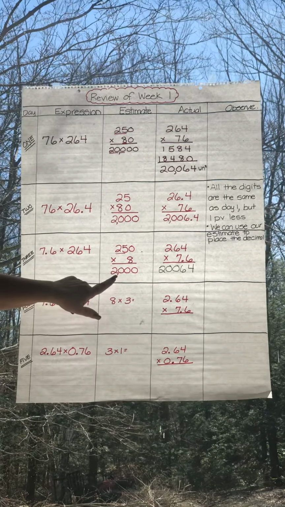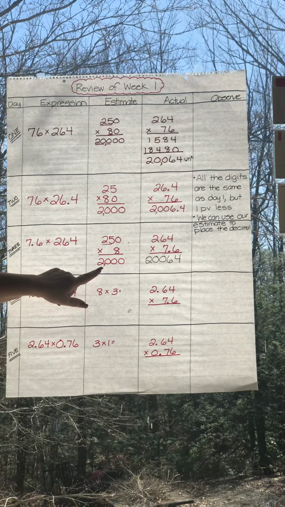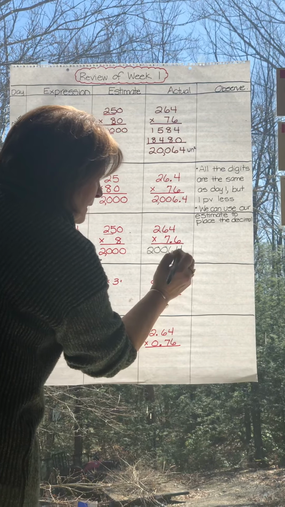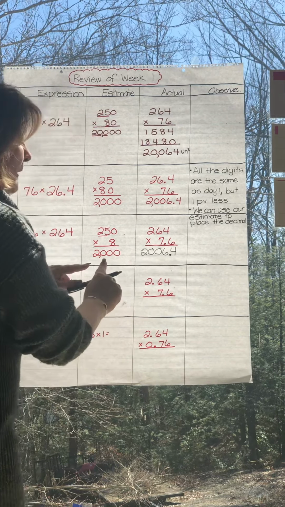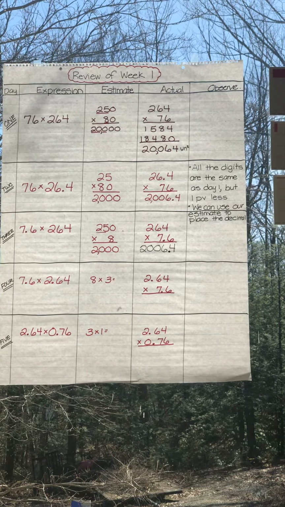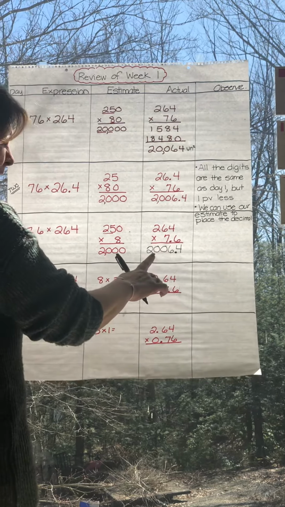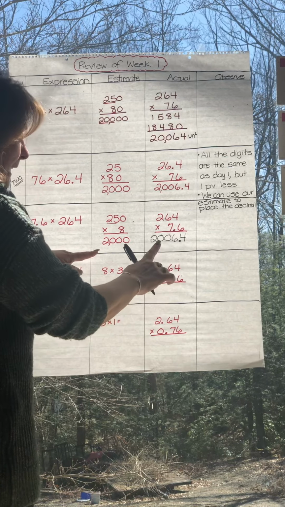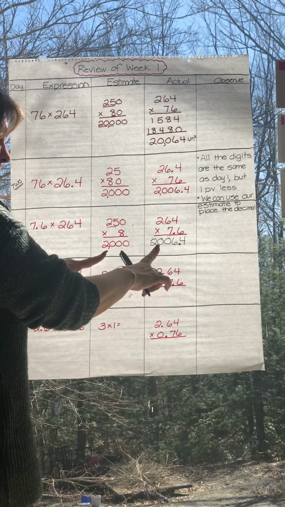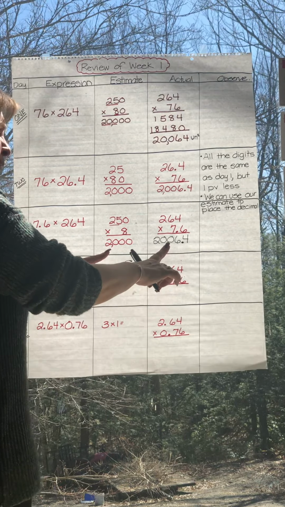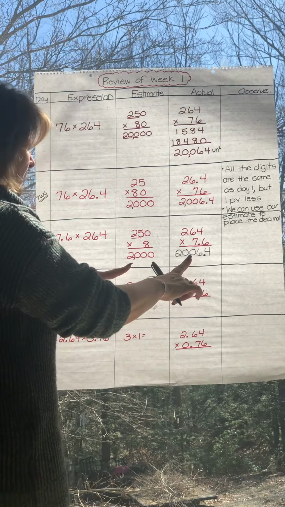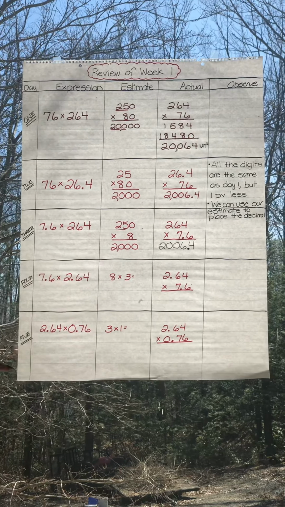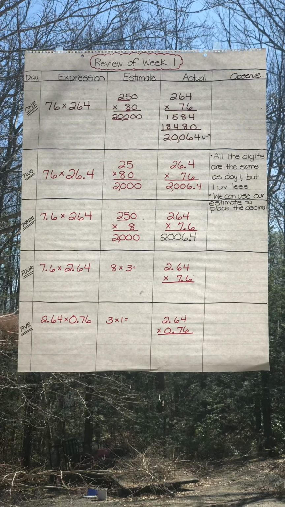If we use our estimate again of 2,000, the only place it makes sense is right here, because 2006 is very close to 2000. If we had put our decimal point here, that would be 2 and 64 10,000ths, and that's nowhere near 2,000. If we had put it here, it would be 20 and 64 hundredths. Again, nowhere near 2,000.